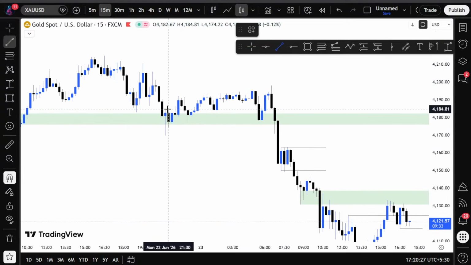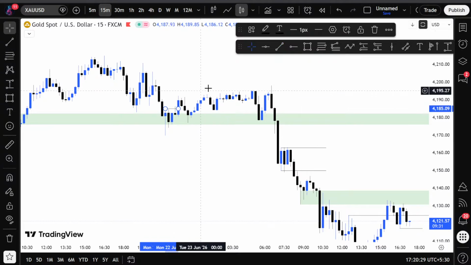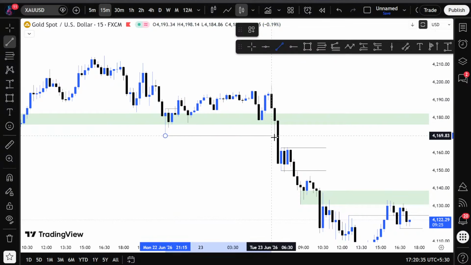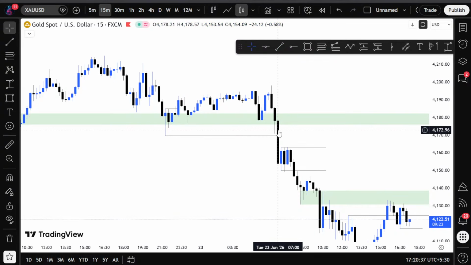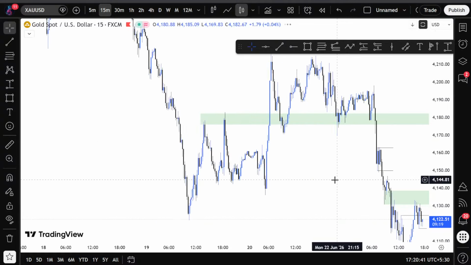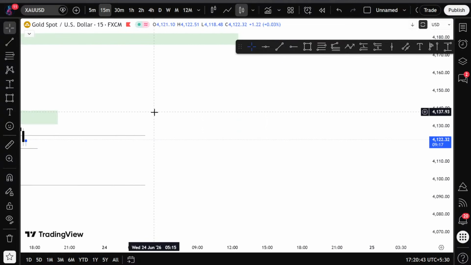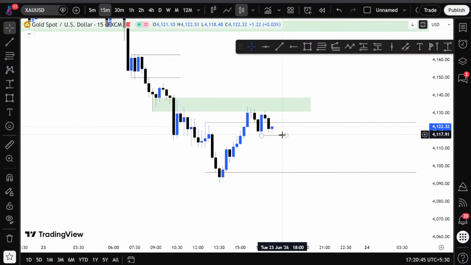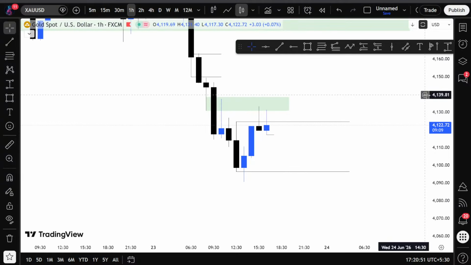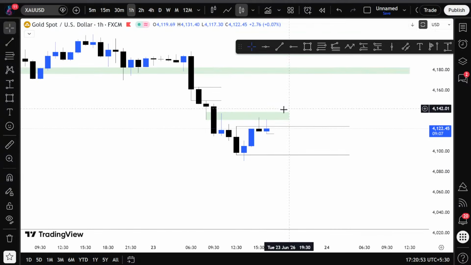This is a valid retracement. Maybe we will see price consolidating here.